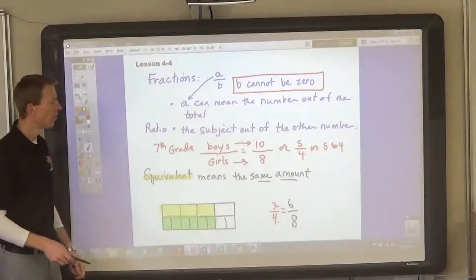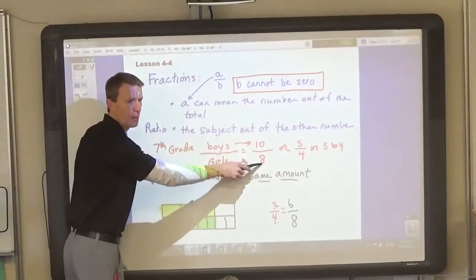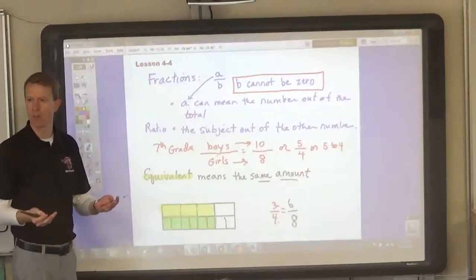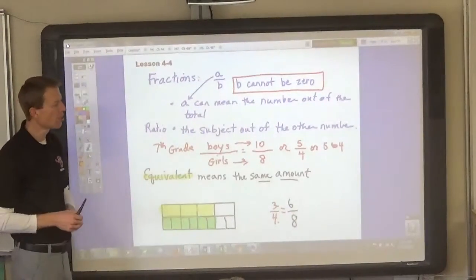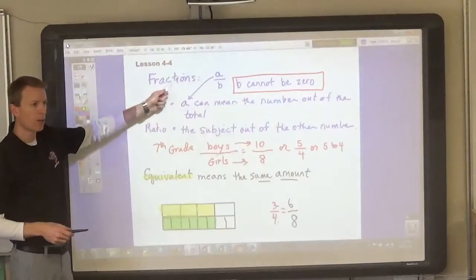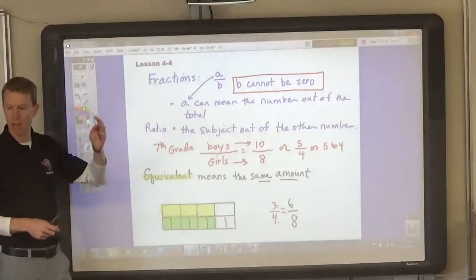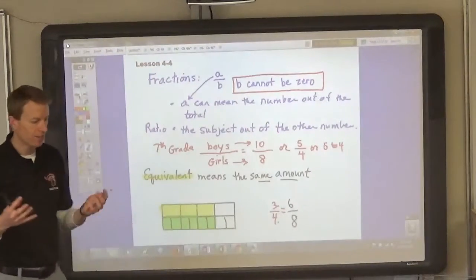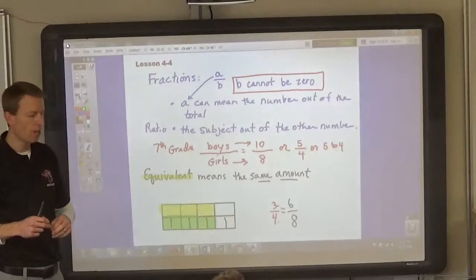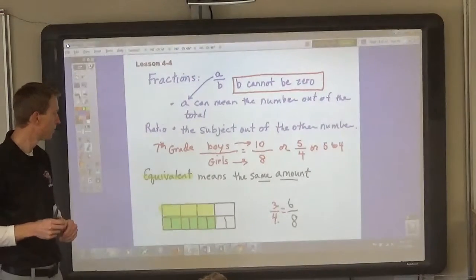So this doesn't mean that there are 8 total people and 10 of them are boys. This compares two different amounts. That can be written as a fraction as well. But more commonly, we're going to be talking about fractions, which is the amount out of the total, like the amount of points that you get out of the number available on an assignment, or on a test.